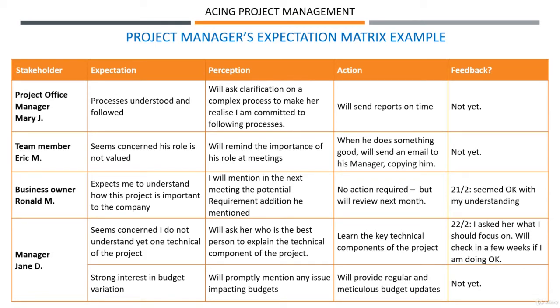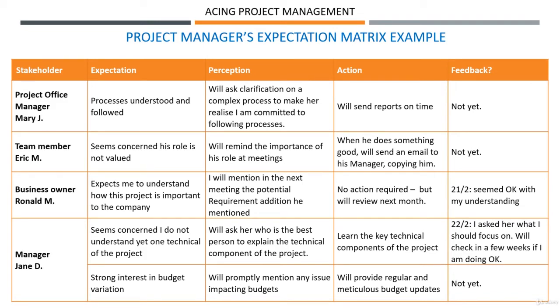So I really need to show him that I am on board and that I understand the business impact of this project. So what I've decided to take as a perception action is I will mention in the next meeting the potential requirement addition he mentioned. So he mentioned a requirement and he said that could be even better, and I just want to follow him up. I don't want to hide away from it. If it's going to come, let's face it now. And I think that will show good commitment.